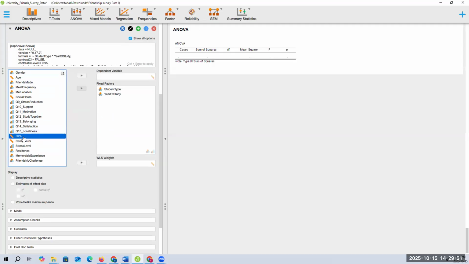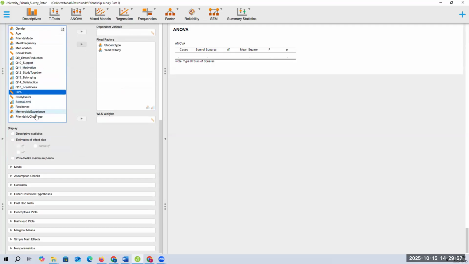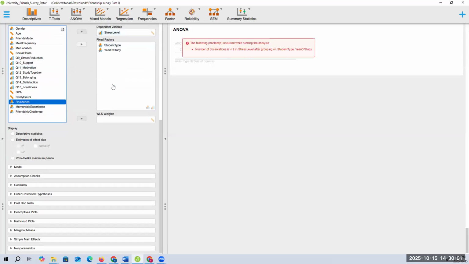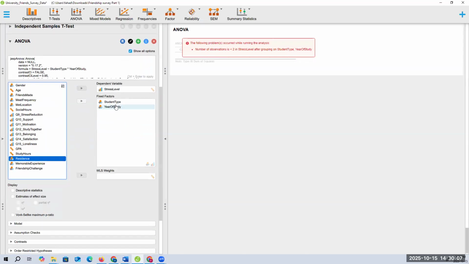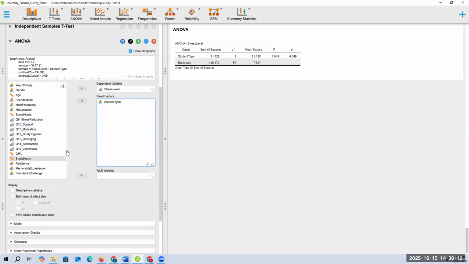The dependent variable is stress level, so here I have a different numeric variable than before. The number of cases is less after grouping them. I have only two groups here, so obviously I would see a significant effect.